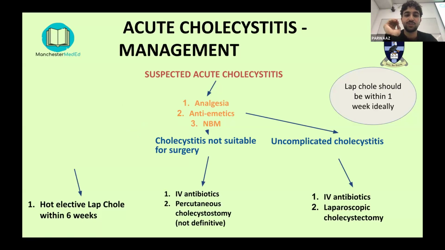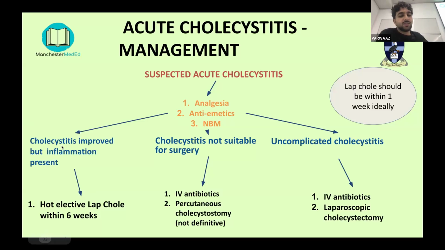So essentially it's just a drain through the abdominal wall to drain bile and treat the infection with IV antibiotics. It's not definitive, it's just done for symptomatic relief. But if you ever see very frail patients that can't undergo surgery, then the gold standard is percutaneous cholecystostomy, which is done by interventional radiology.